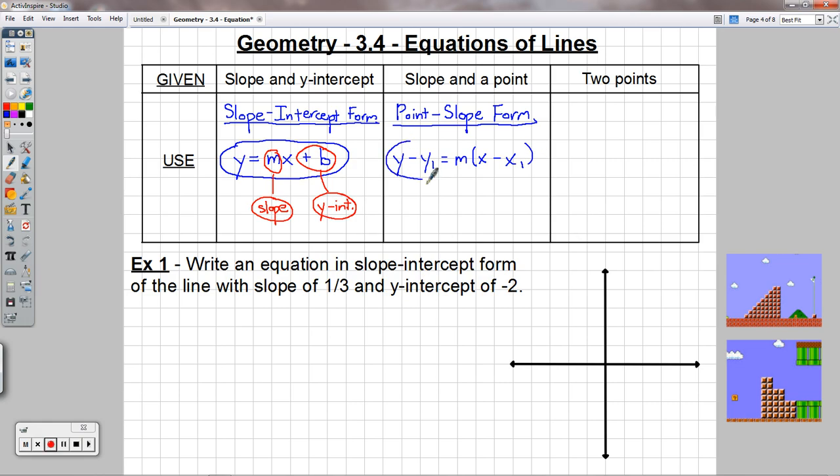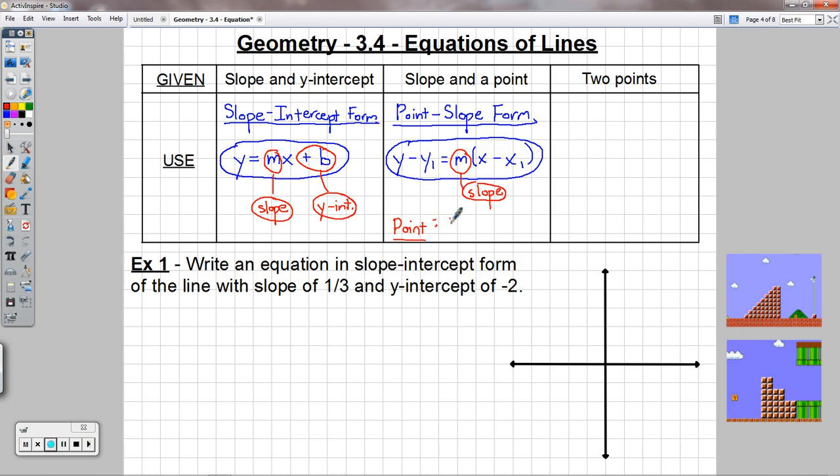And so that is saying that m is representing your slope value, just like it was over here. So m didn't change. And then you might be wondering, well, what's this x1 and y1? What's that all about? That's your point. That's the point you were given to start.